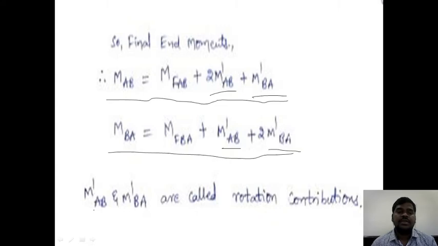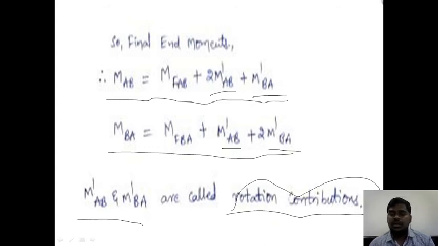So M dash AB and M dash BA are called rotation contributions. So what is rotation contribution? Those are the moments developed due to the rotations, that is, due to the slope theta.